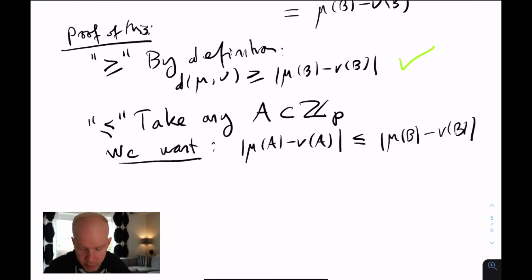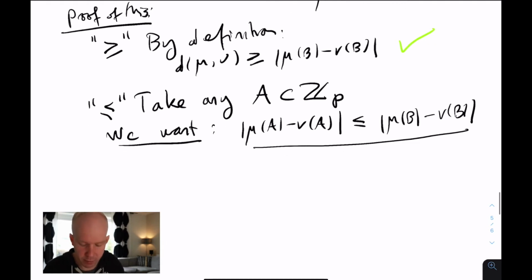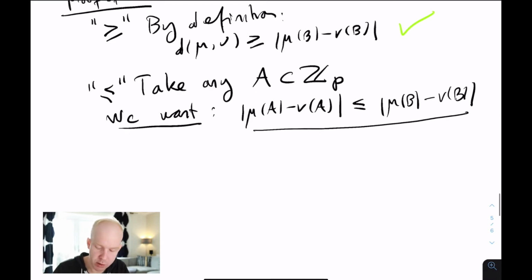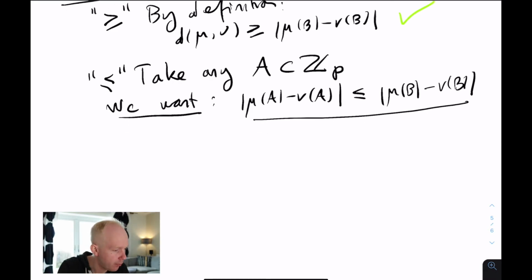That's what we want to prove. If we can prove this for any subset A in Z_p, then we are in very good shape, because then the maximum is less than that upper bound. So what we want to prove is basically this kind of upper bound.